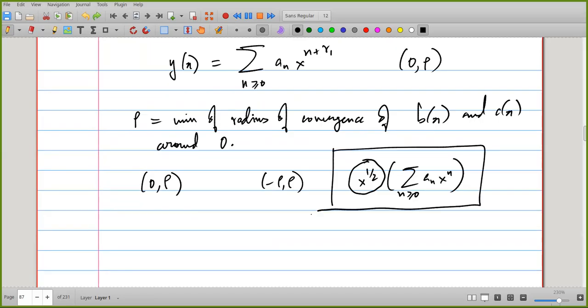Therefore this entire function will not behave well at 0, so we should only expect convergence in 0 comma rho. I will look at my slide once again. I don't think I said that it converges in minus rho comma rho. If I wrote that, that is not correct.